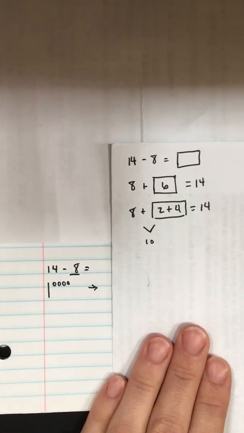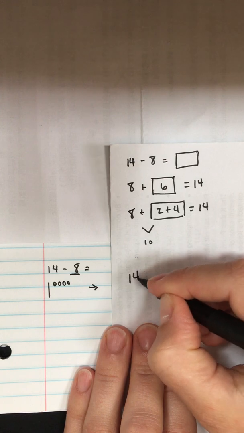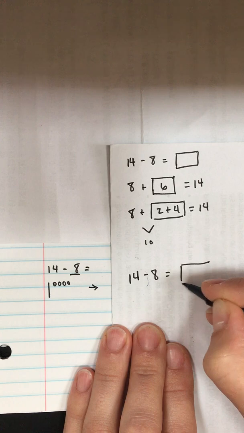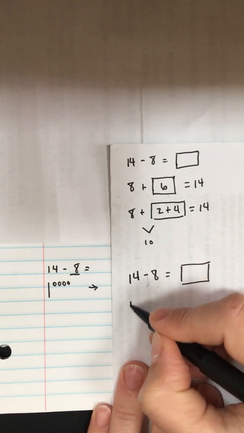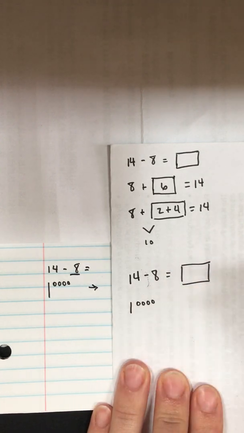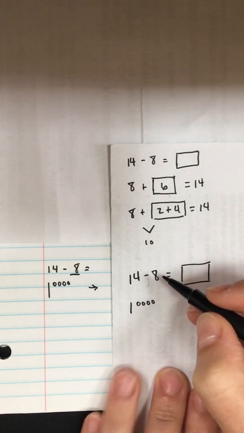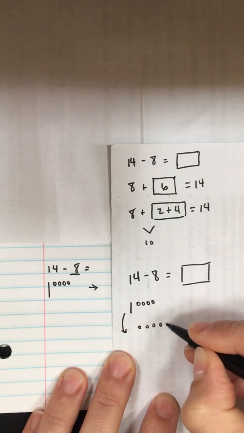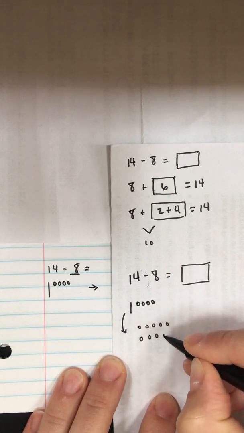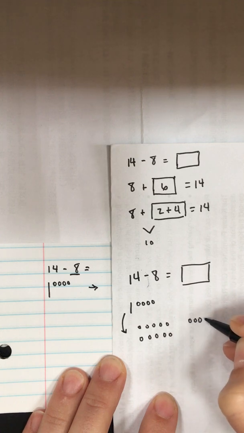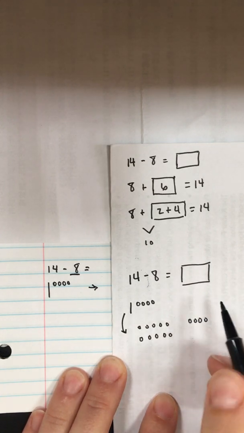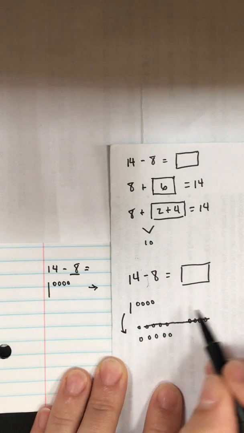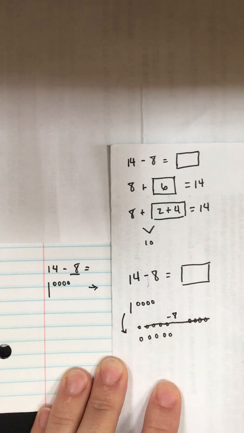All right, then we can try to go back to thinking about this as 14 minus 8. So we could first try drawing out 14, but I can't easily subtract 8. So I'm going to try drawing it in a circle drawing. So now I have 14, and I'm going to subtract 8. So here's 4 and 4. And I subtract it all in one line, so it's clearly subtracting 8.